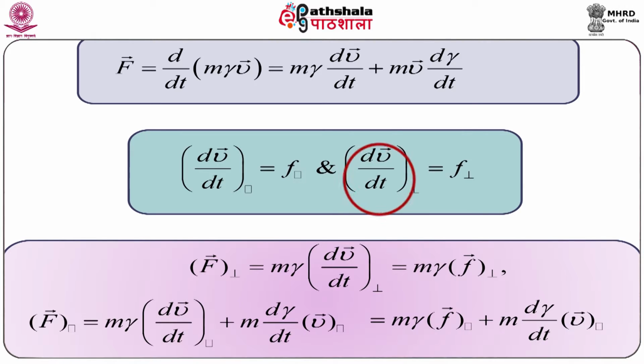We get it from here. So, denoting d/dt of v vector perpendicular as f vector perpendicular, we get this result.